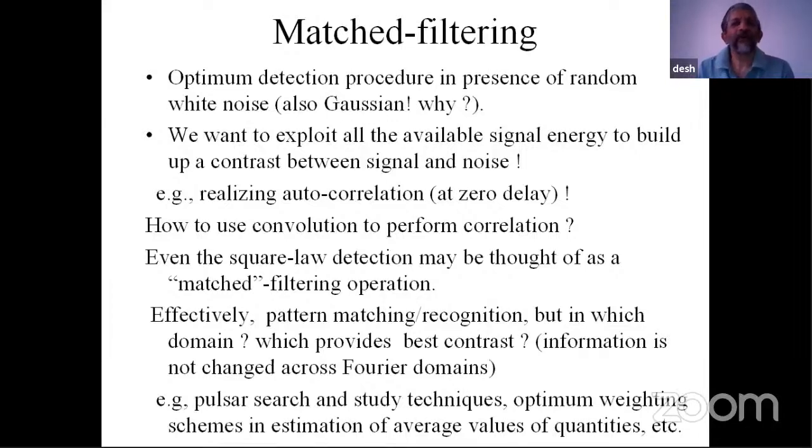So, for example, if the function that we are looking at, in the presence of a whole lot of things, also contains the pattern that we are looking for, then you can simply write the other function as some scaled version of the pattern we are looking for, plus something which is everything else.